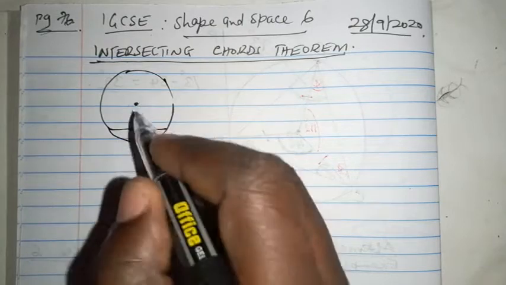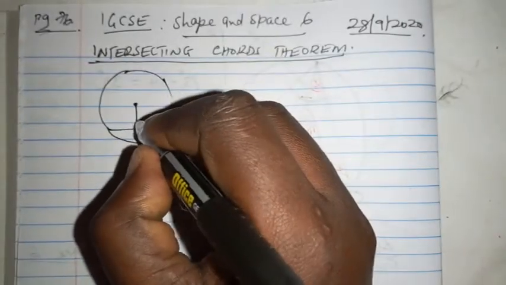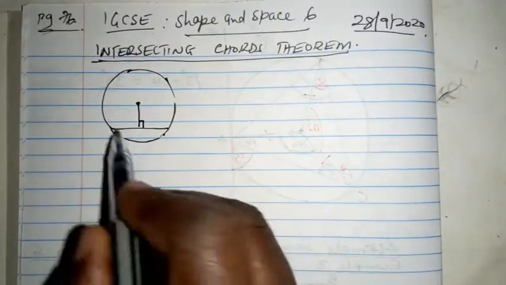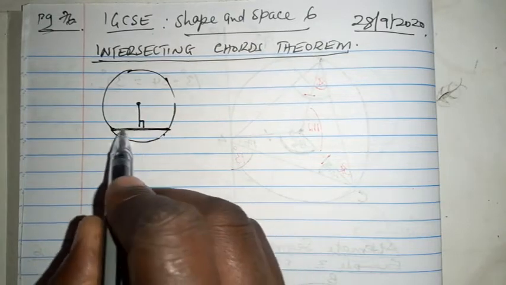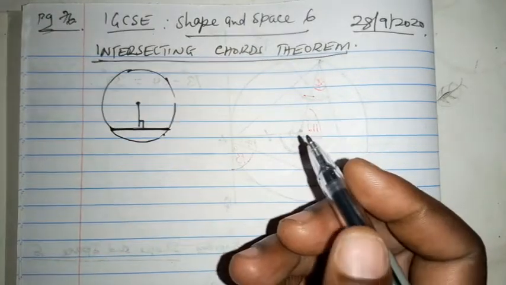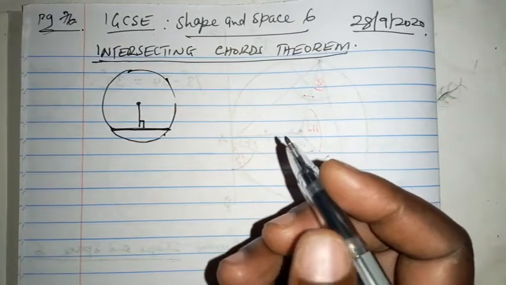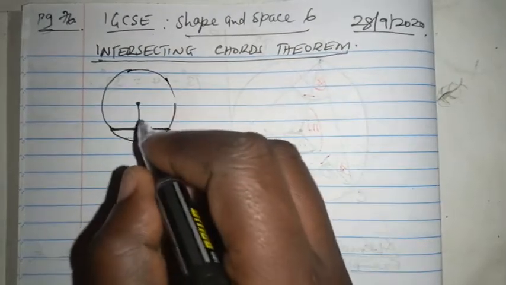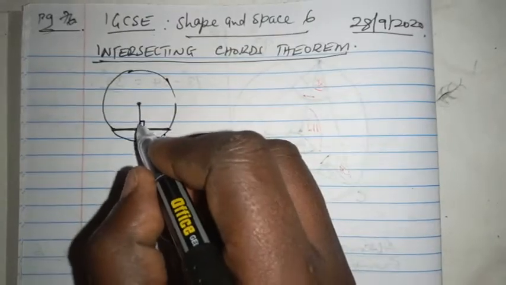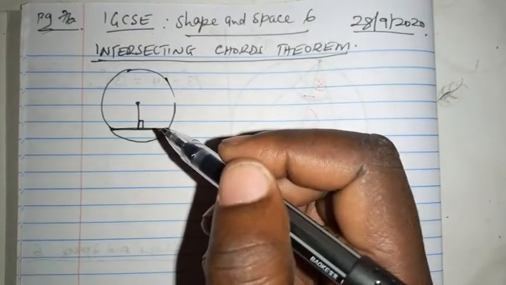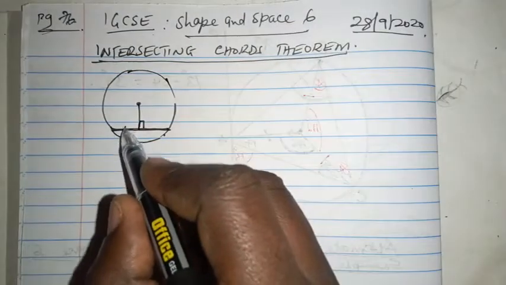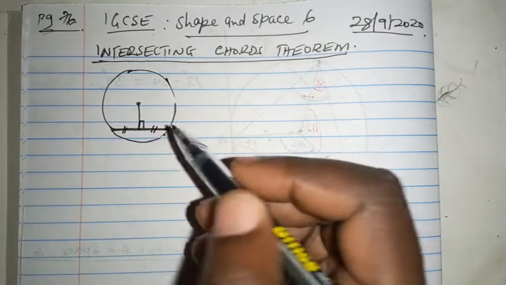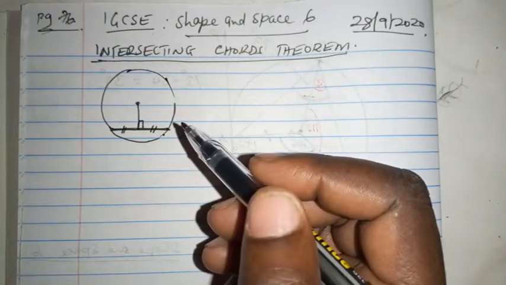Some other pointers that we know: let us say we have a chord like this, and there is a radius perpendicular to that chord. And of course, when we are talking about perpendicularity, it is not just that, because it bisects the chord into two equal portions.